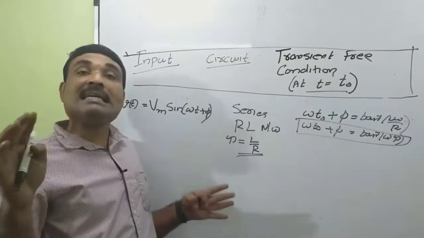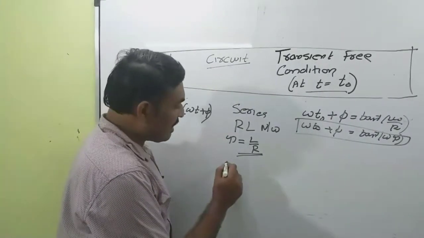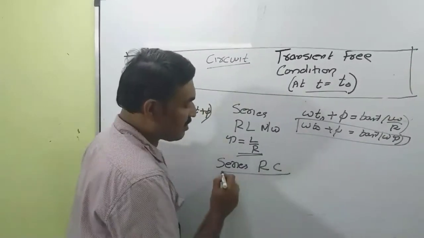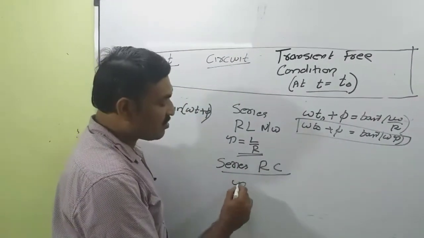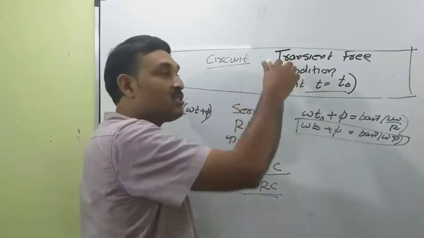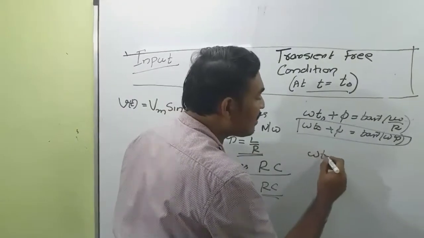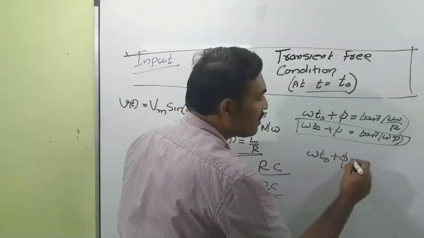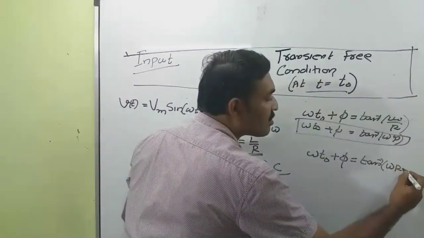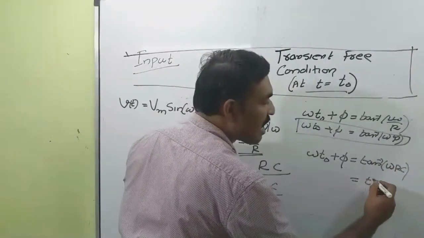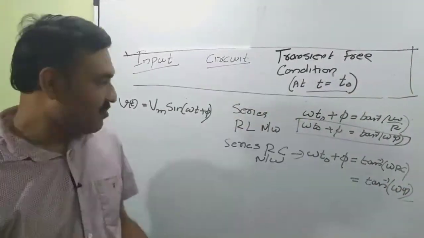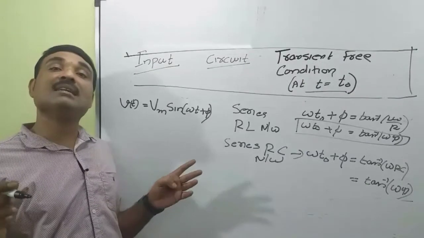Suppose the network is a series RC network. The time constant for an RC network tau is equal to RC seconds. So the condition for transient free is omega t0 plus phi is equal to tan inverse omega RC, or this is equal to tan inverse omega tau. Now suppose our input is a cosine input.